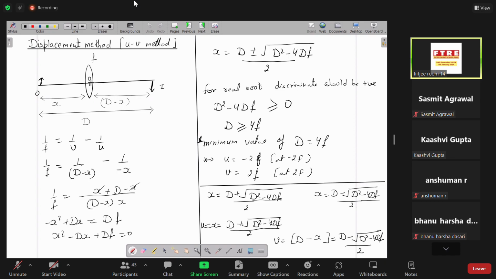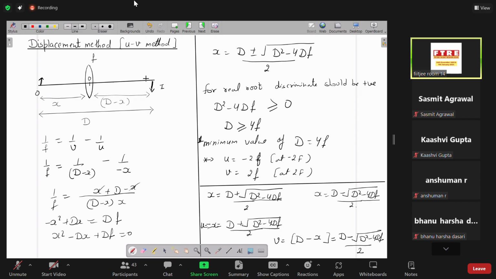Either I shift the position of the lens, or I interchange the positions of object and image. Still, I'll be getting the image of the object on the screen. So by interchanging the position of the object and image, we can obtain the image of the object on the screen.